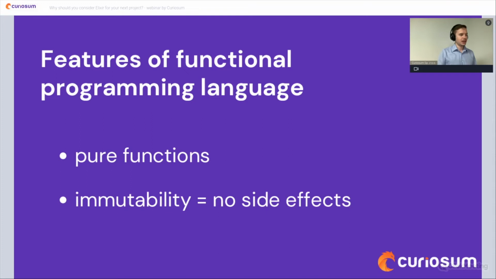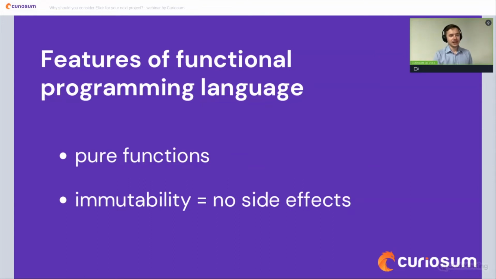And the features of the programming language that I found very interesting in comparison to object-oriented programming are pure functions and immutability, especially immutability, which basically means that we don't have side effects. In functional programming languages we have one simple rule.